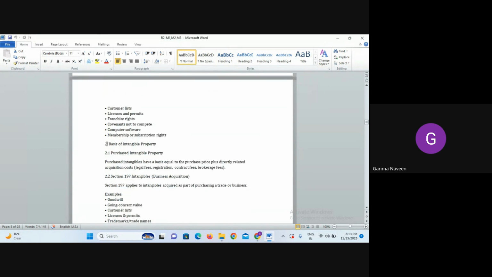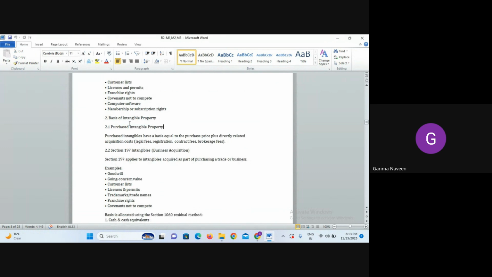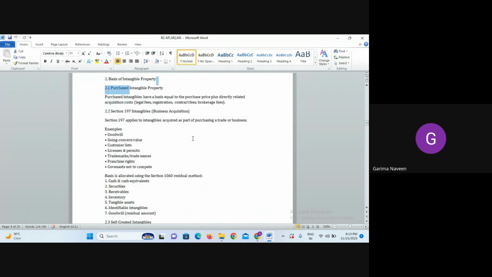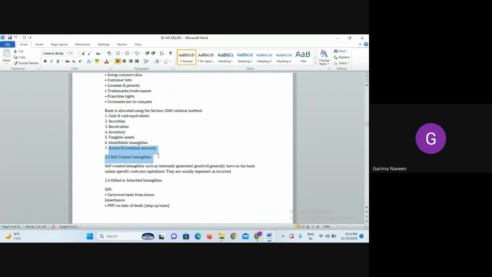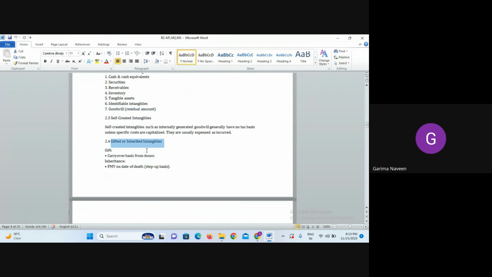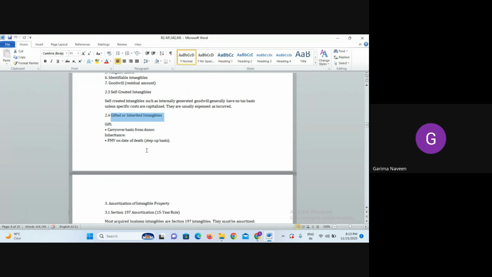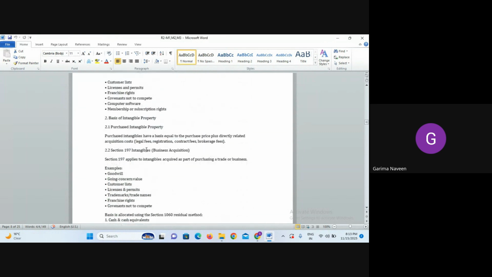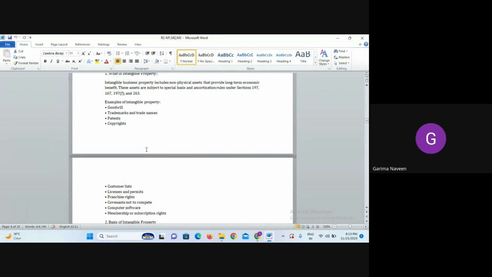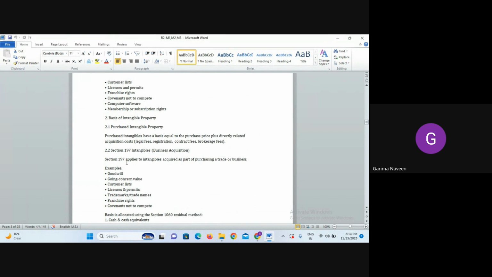So basically, what should be the basis of an intangible asset? It will depend on how you have acquired the property. Whether you have purchased it, or self-created this property, or you have this intangible from your inheritance, or it was gifted by somebody. Depending upon how the asset is acquired, basis will be calculated on that.